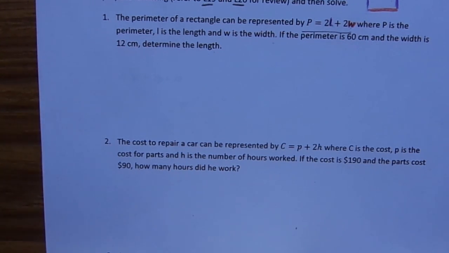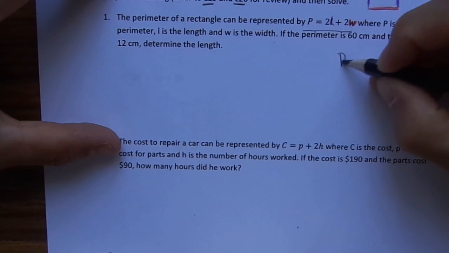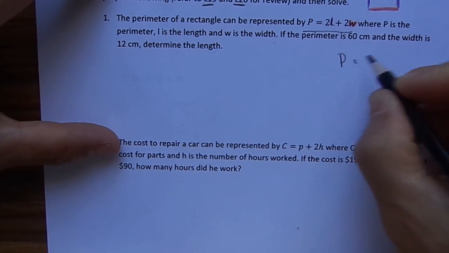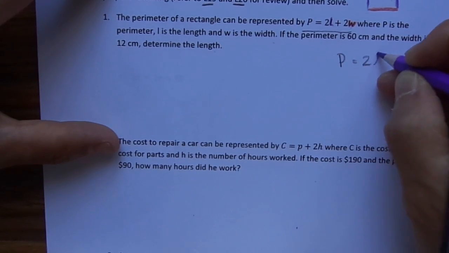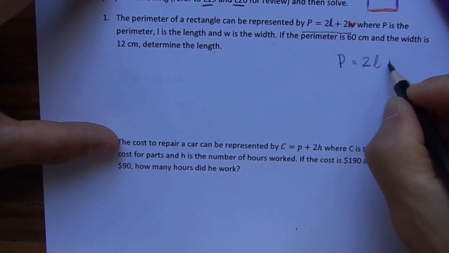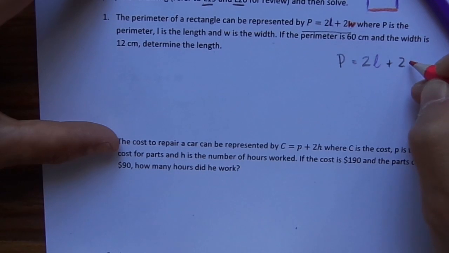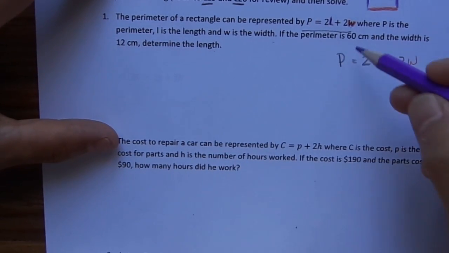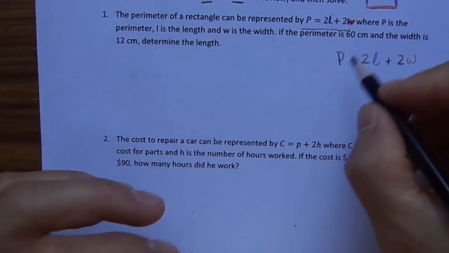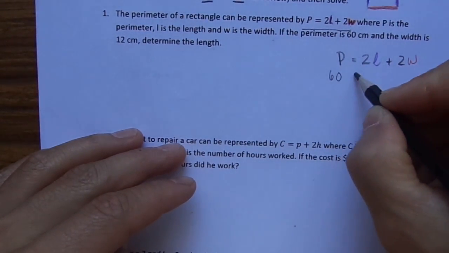So, if we have perimeter equals 2 times the length plus 2 times the width, and they tell us that the perimeter is 60 centimeters, okay? So we know that this is 60.